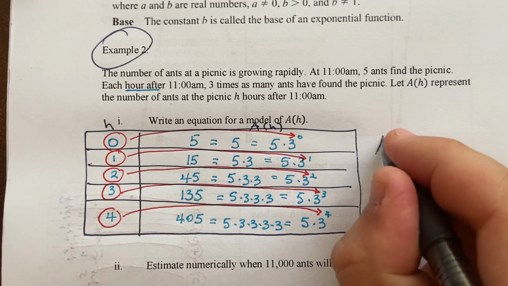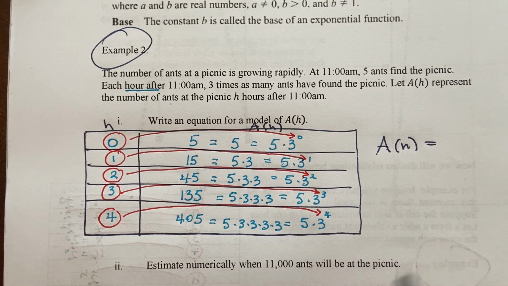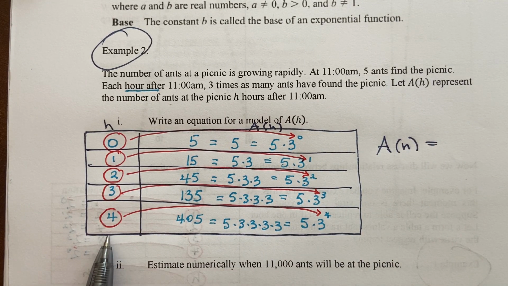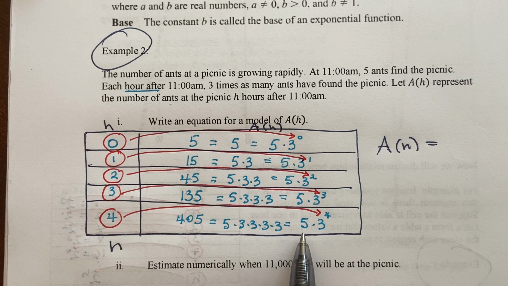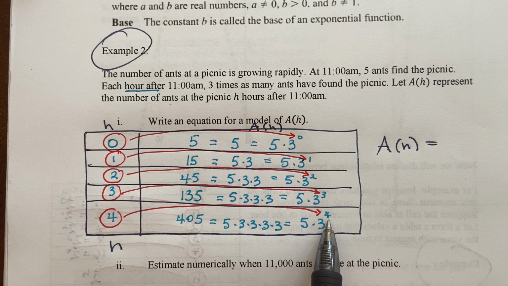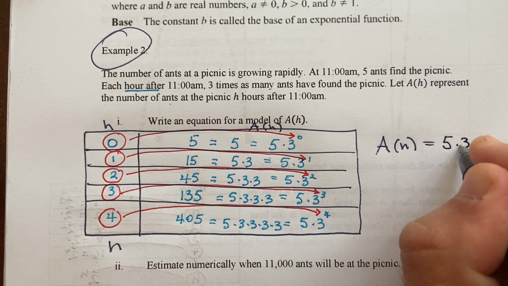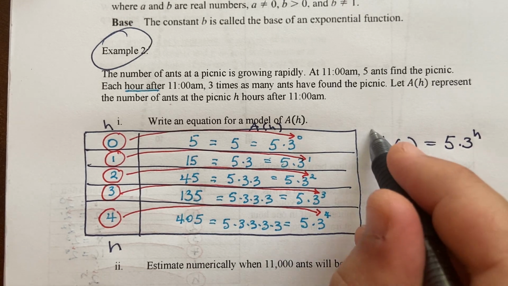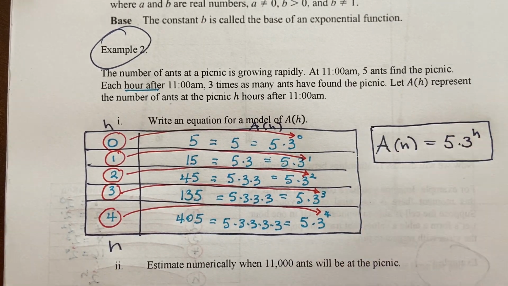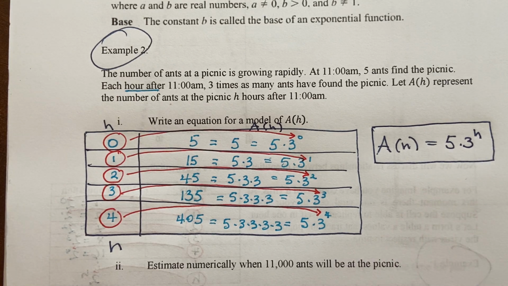So the model, A of h, if I generalize this to some h amount of time, I would just have 5 times 3 raised to whatever that amount of time is. So that's 5 times 3 raised to the h.